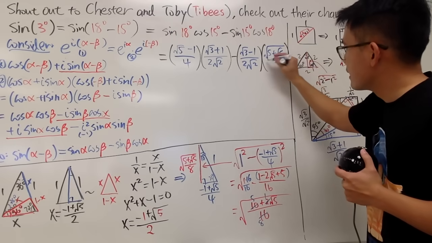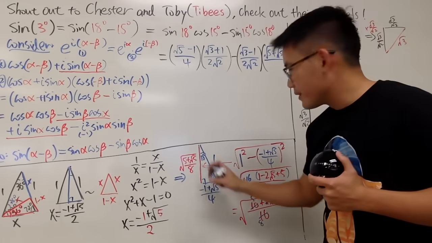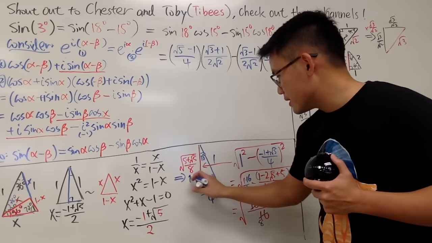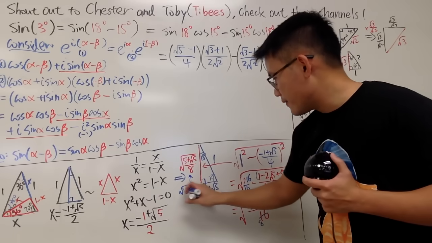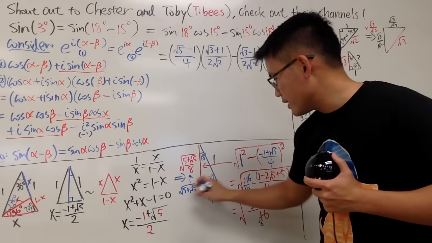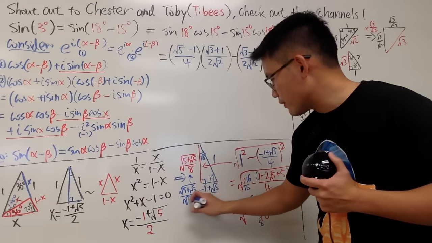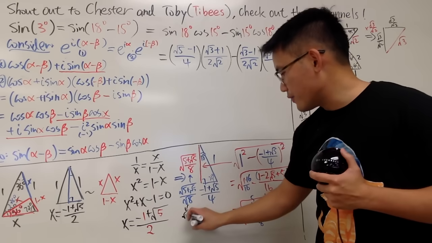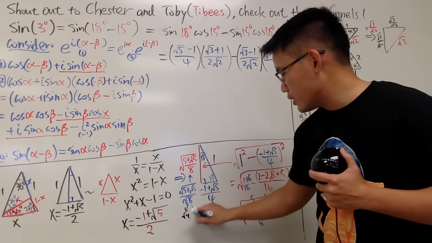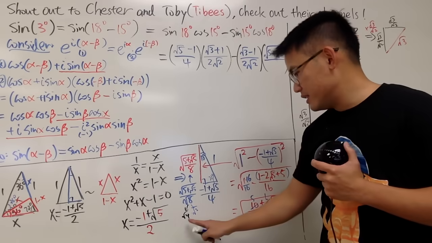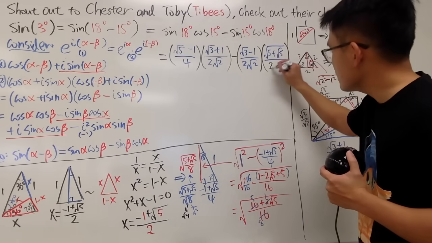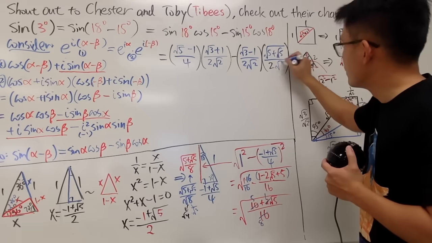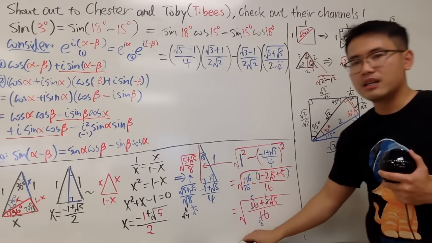Divided by, well, let's look at this right here. This is square root of 5 plus square root of 5, but then divided by square root of 8 for that, right? And square root of 8, we know this is the same as square root of 4 times square root of 2. So this is just a 2. And this is another square root of 2, like this.